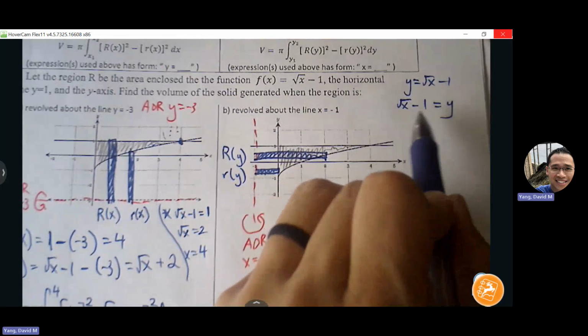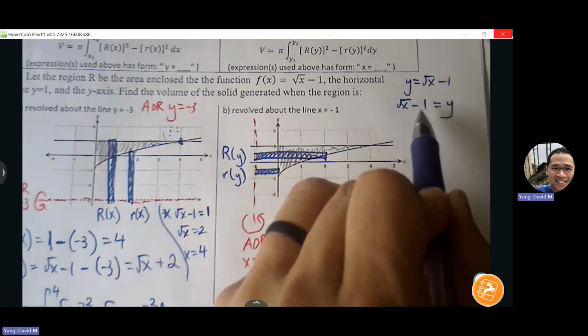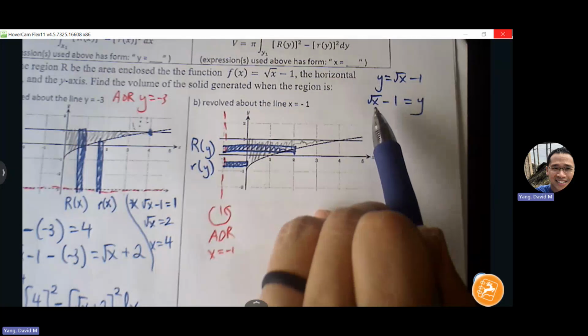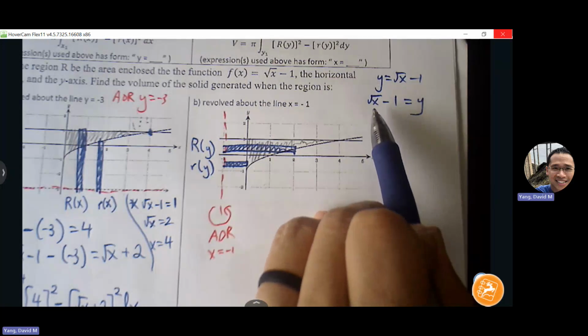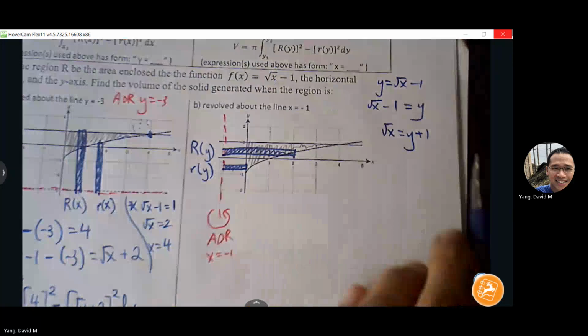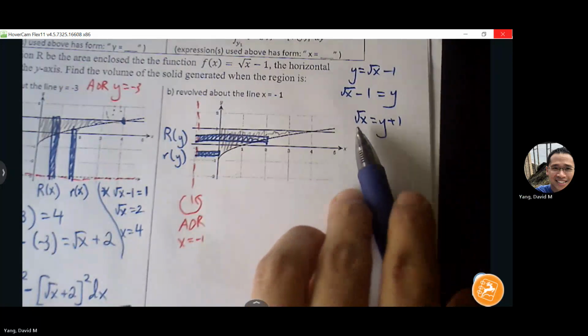What can we do to eventually solve for x? First, do what? Add 1, okay. Next up, square both sides.